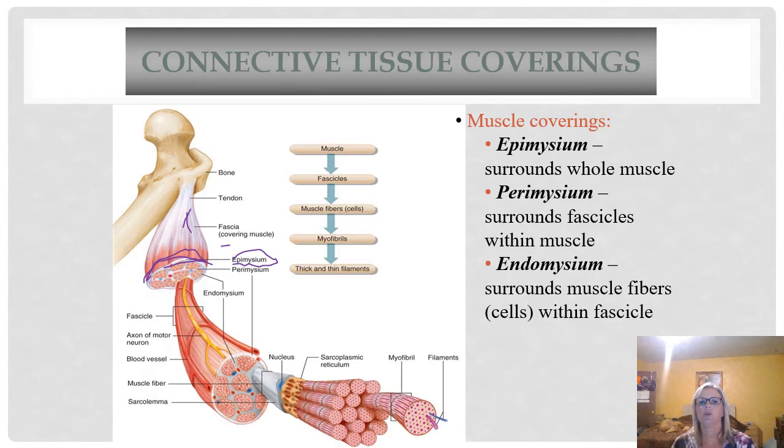Perimysium is going to extend inward from the epimysium and is going to separate the muscles into small sections. And these sections are going to contain bundles of skeletal muscle fibers that we call fascicles. And so perimysium, you can see, is right here.